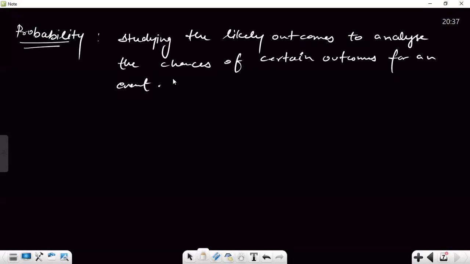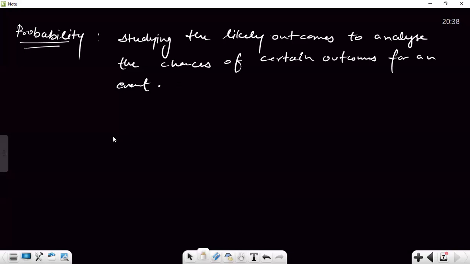That is all probability is: you study the likely outcomes so that you can analyze the chances of certain outcomes for an event. Okay, how exactly do you do that?